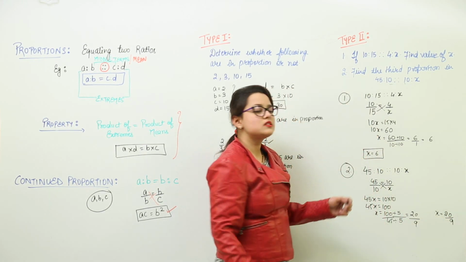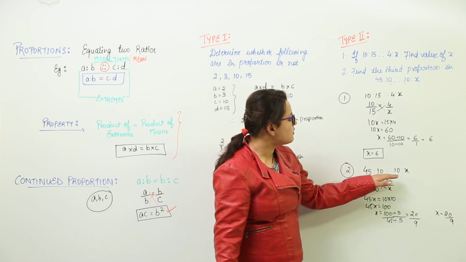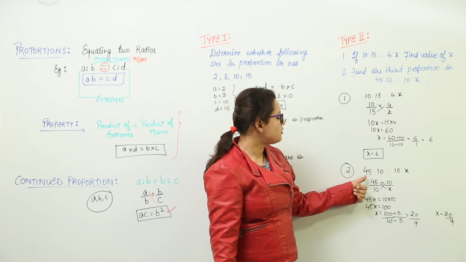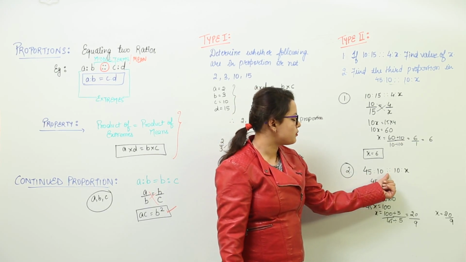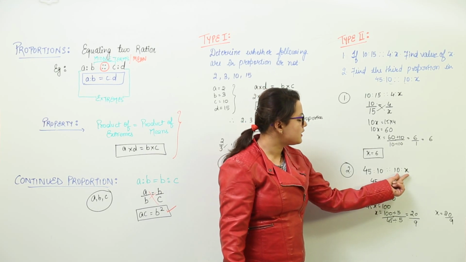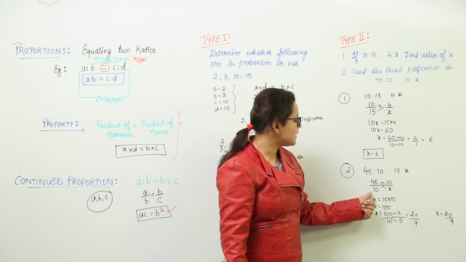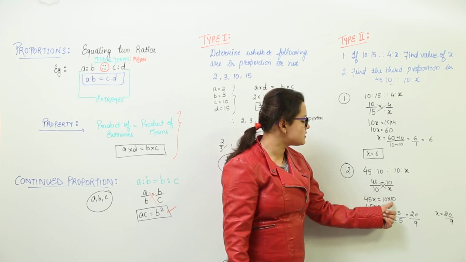I am just going to summarize this whole thing for you. We were given the proportion, and we had to find the value of x. We wrote 45 over 10 representing this ratio, and proportion is represented by the equal to sign. 10 is to x can be written as 10 upon x. Now we do the cross multiplication. 45 into x becomes 45x. 10 into 10 becomes 100.